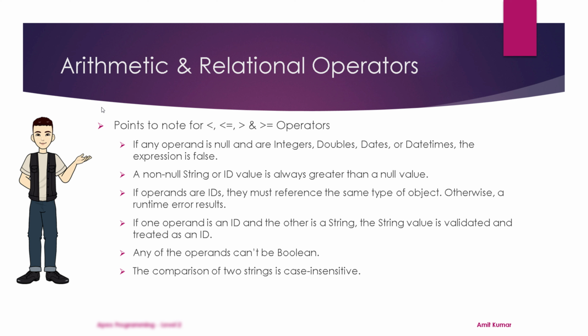So if you are comparing an ID with a string, the string will be validated to be a valid ID and then it will be treated as an ID for the comparison with the ID operand. Any of the operands can't be Boolean. So if you are using these operators, you can't use a Boolean operand for comparison. The comparison of two strings is case insensitive and we have already discussed that.